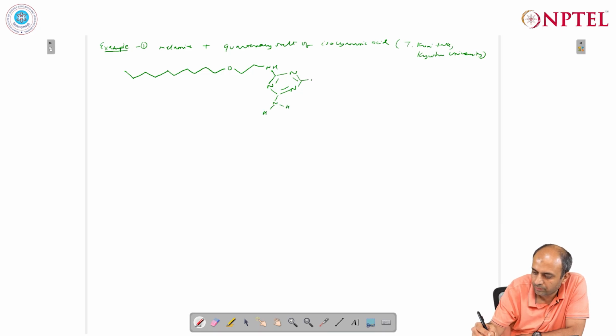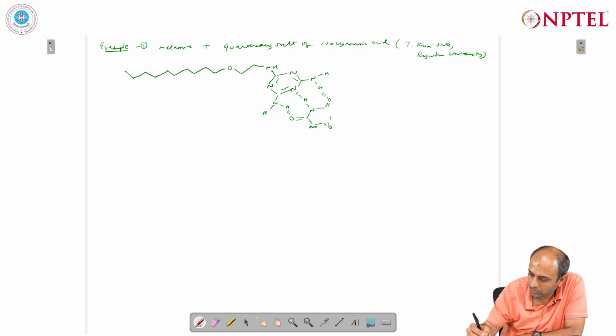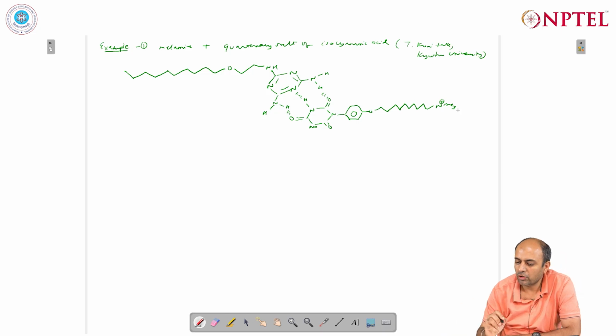There are the amino groups here, and we can have now... and this is now connected to... this is a quaternary ammonium salt.